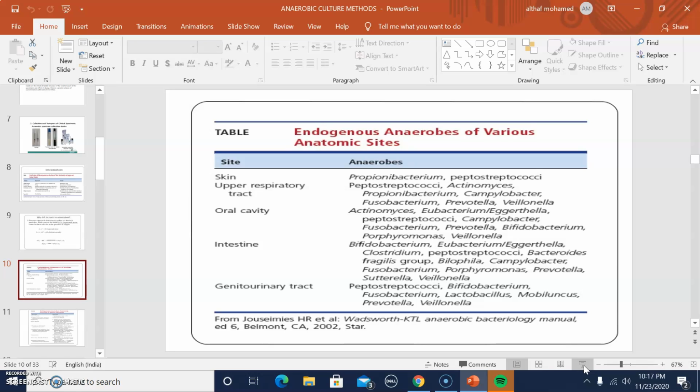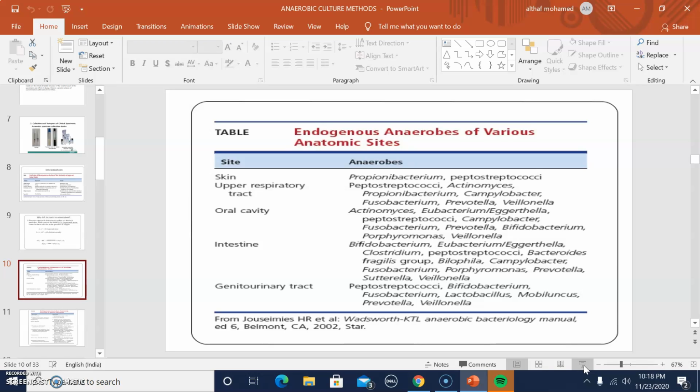In the case of the intestine, the most significant anaerobes are Bifidobacterium, Eubacterium, Eggerthella, Clostridium, Peptostreptococci, the Bacteroides fragilis group, and Bilophila, Campylobacter.